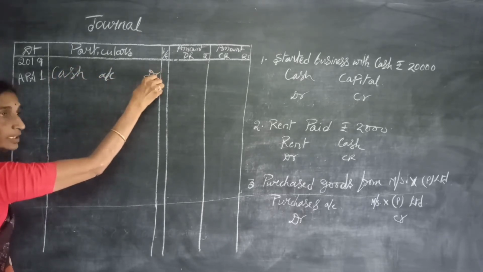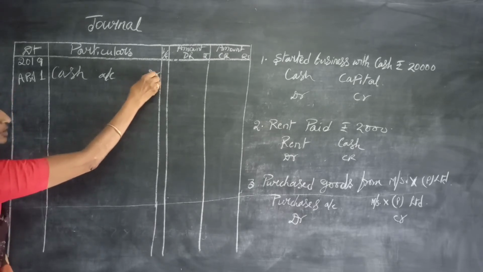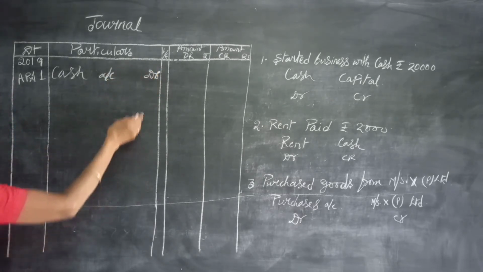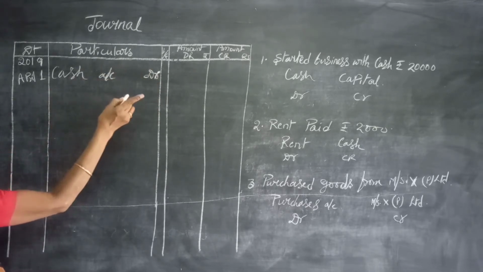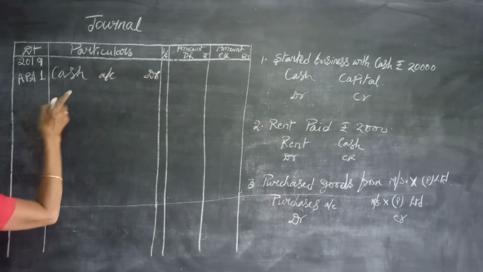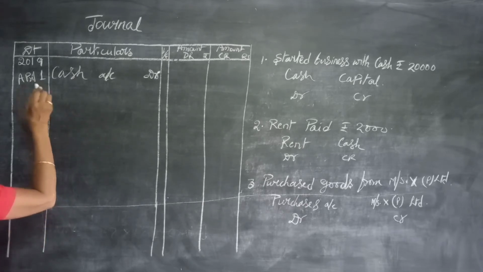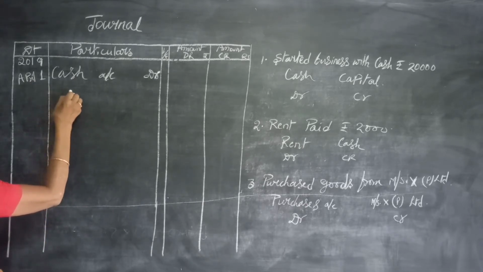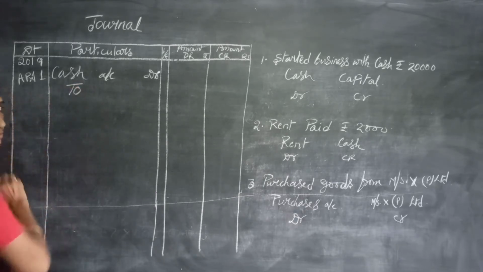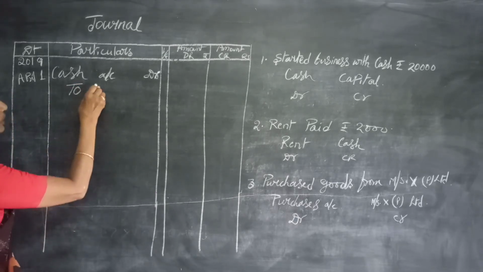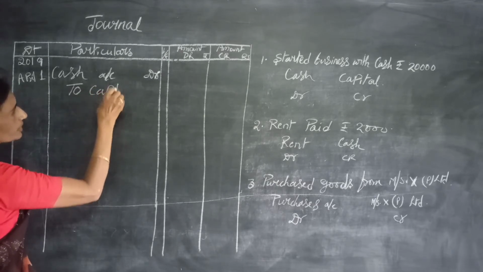At the extreme right, it is to be written as debit, abbreviated by Dr. And which account is to be credited? Here, capital account is to be credited. In the next line, leaving a centimeter gap, you have to start with 'To', capital account.